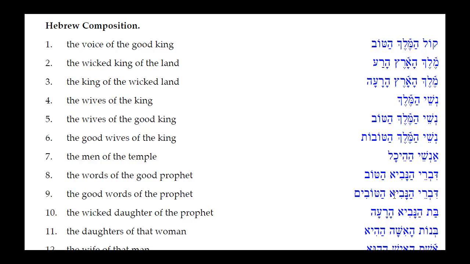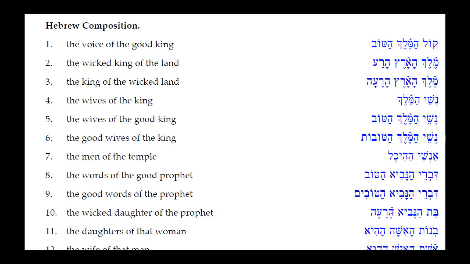So we would say divrei hanavi hatovim. And we put it plural in here because it agrees with the construct noun, which is masculine, plural. So the adjective must agree in gender and in number with the construct noun, and definiteness too. So it's got to have the definite article in here since hanavi, the absolute noun, has the definite article.